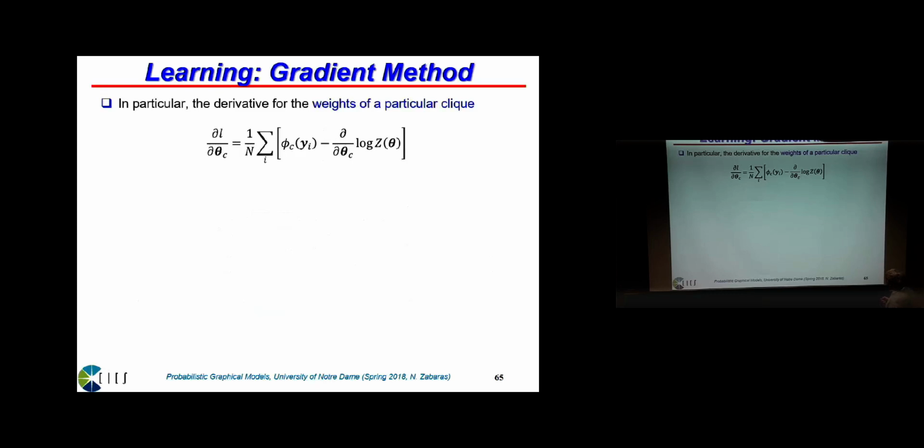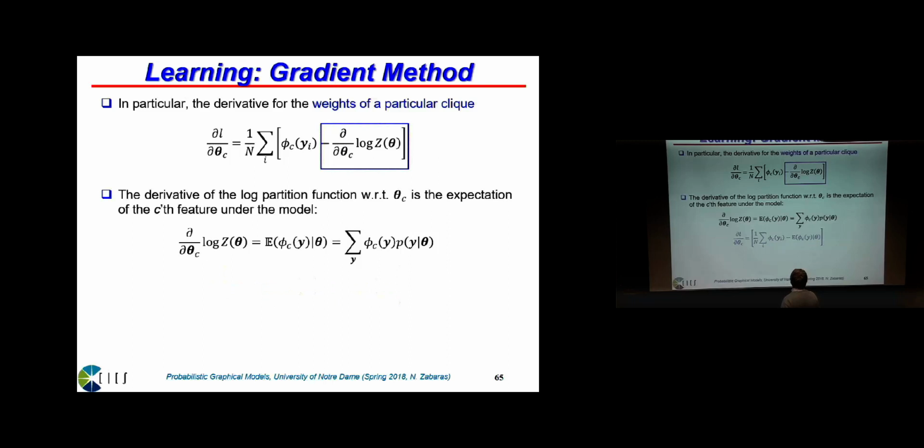Okay? All right. Now, there is a proof that I did not have time to type. It is literally two lines, so you can go home and do the exercise. You can actually show that the derivative of the log partition function with respect to the parameters of clique C is nothing else but the expectation of the feature functions phi_c with respect to the underlying probability P of y.